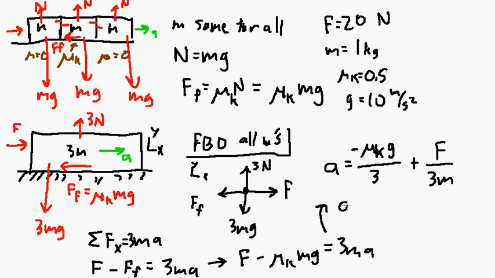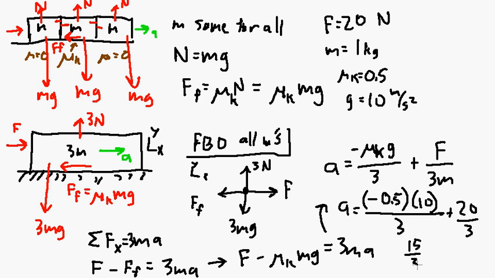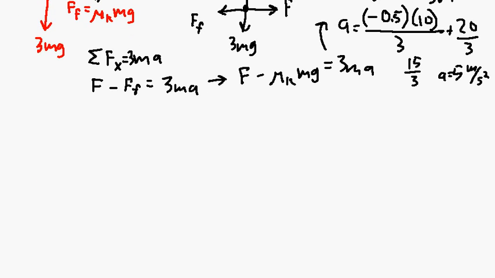So this means acceleration is negative 0.5 times 10 over 3 plus 20 over 3. This is a negative 5 here, and this is a positive 20, so this is going to be 15 over 3. So acceleration equals 5 meters per second squared.